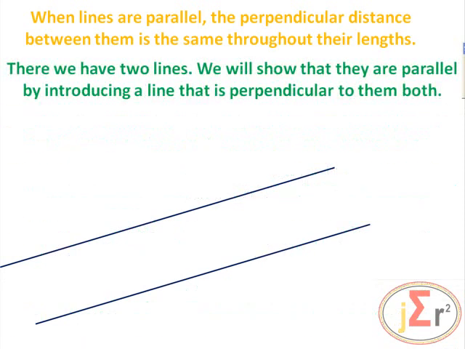There we have two lines. We will show that they are parallel by introducing a line that is perpendicular to them both. So those lines are parallel. If they are parallel, then the perpendicular distance between them is the same throughout.